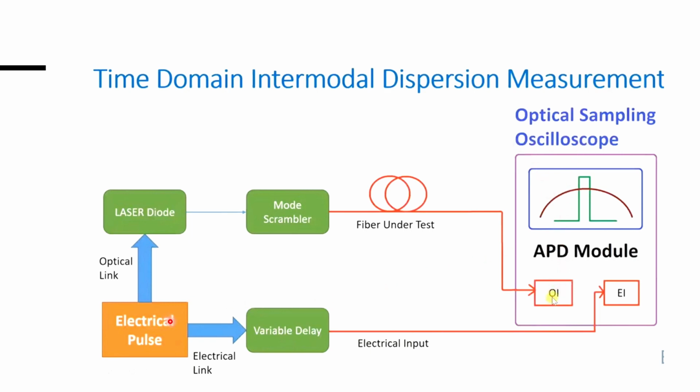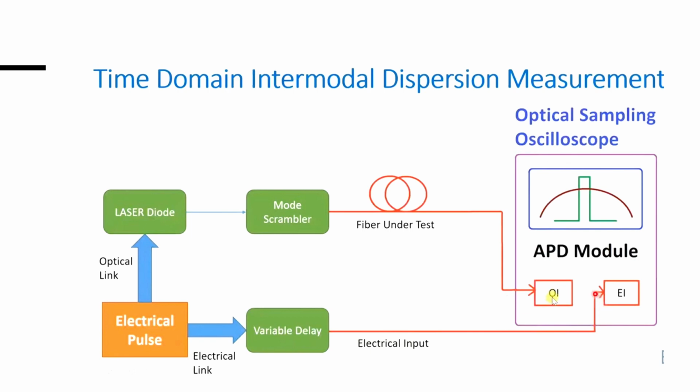Now here we can see that electrical pulse block generates the electrical pulses, and with the help of the electrical link, electrical pulses will go from the electrical pulse block to the variable delay, and the output of the variable delay is given to the electrical input of the oscilloscope.